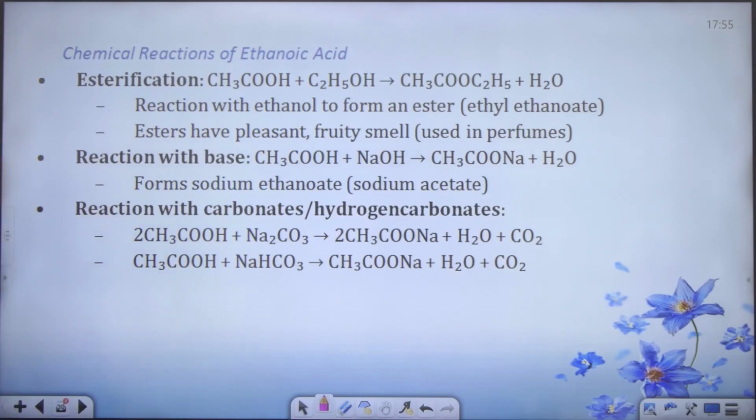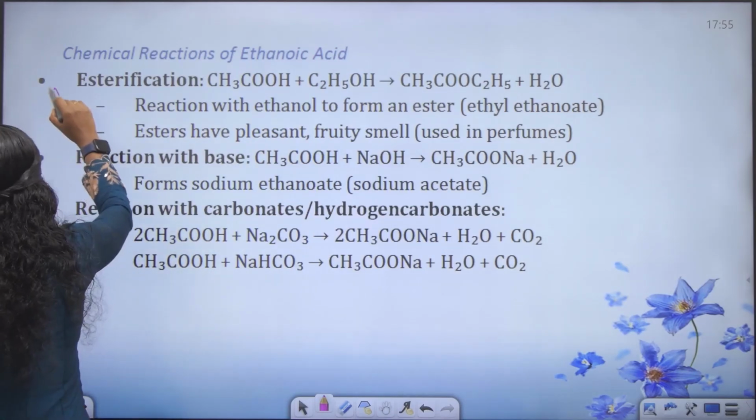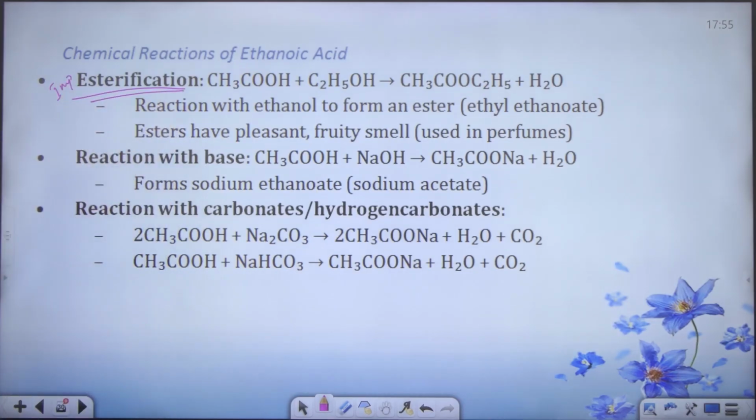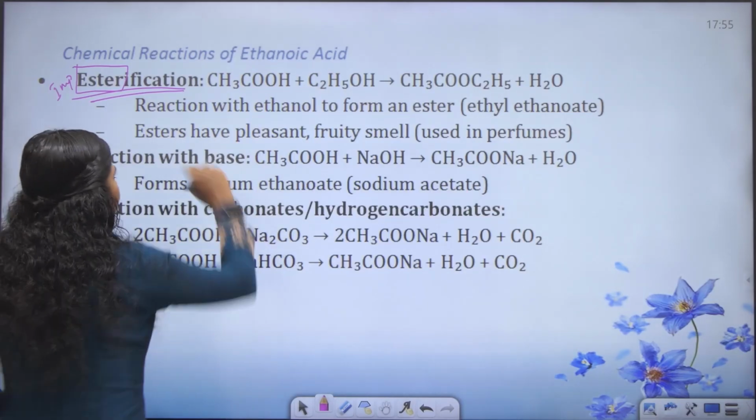Now the chemical reactions of ethanoic acid. An important reaction is esterification. Esterification means formation of ester. How is an ester formed?